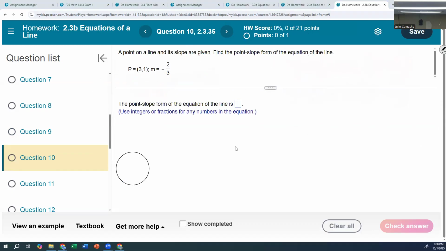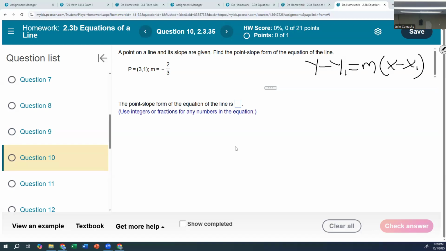Question 10 is the same thing. The point-slope form of the equation of line S. They want to know that you know how to write the equation using the point-slope formula with the information given to you. And remember, the formula that we're looking for is y minus y1 is equal to m times x minus x1.